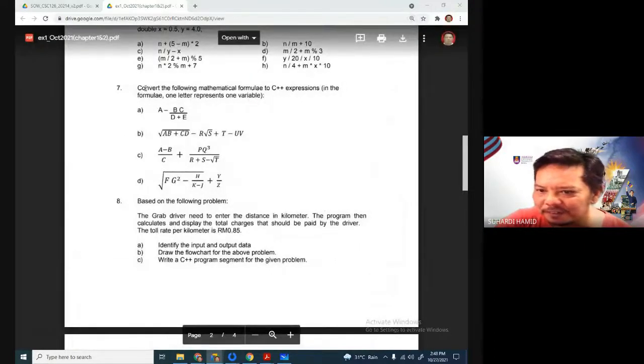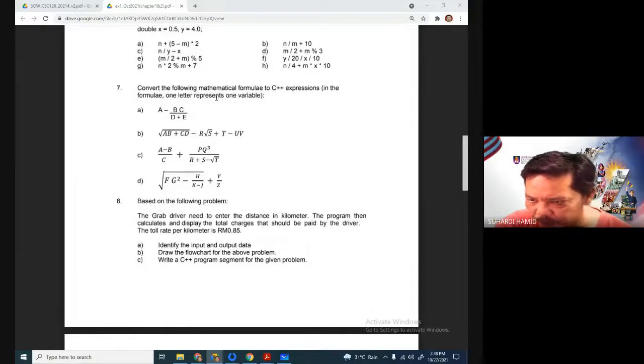Question number 7. Convert the following mathematical formula to C++ expressions. In the formula, one letter represents one variable. So basically, we understand that every character is a variable. You do not have to declare the variables. You simply have to write the code of the formula.